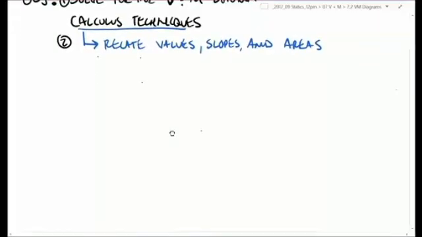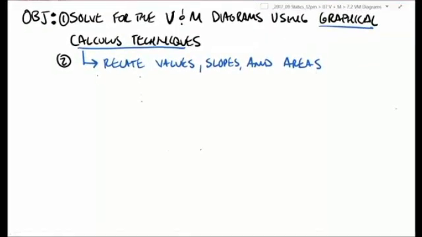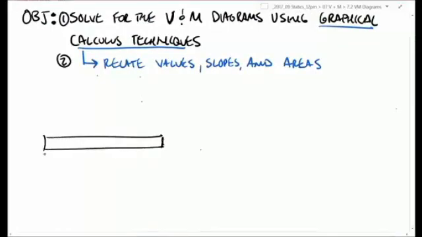All right. So the basic theory here is that if we have a beam, and let's say this beam has some support forces and has some sort of a distributed load on that beam, then we can take a slice of the beam and a slice of the distributed load.